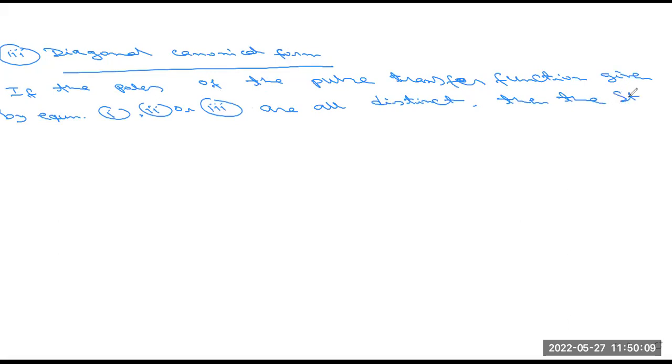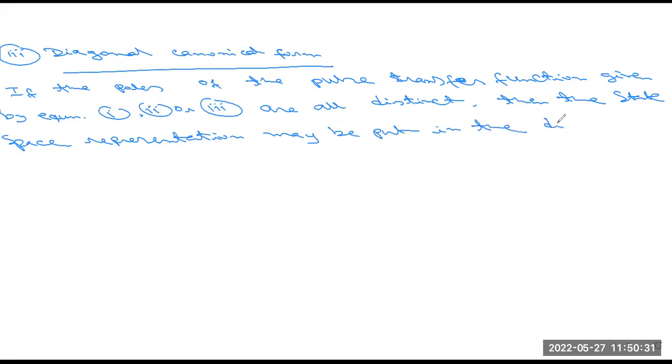the state space representation may be put in the diagonal canonical form as follows. So everyone see, it is the same one.